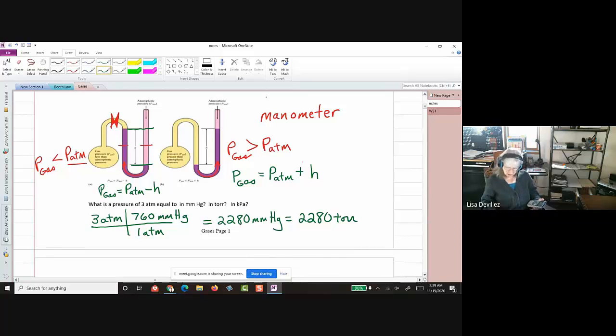And then our kilopascals, we have 3 atmospheres, and 1 atmosphere is 101.325. I think that's right.